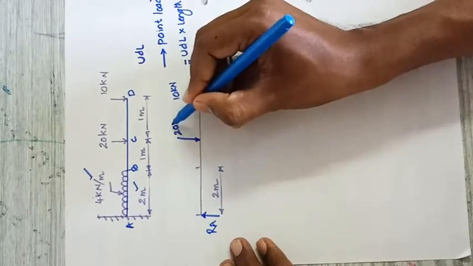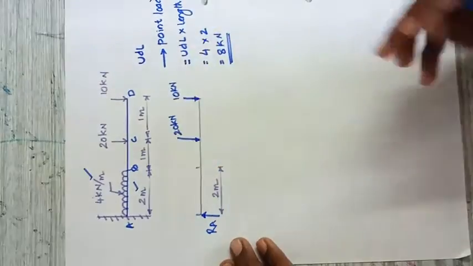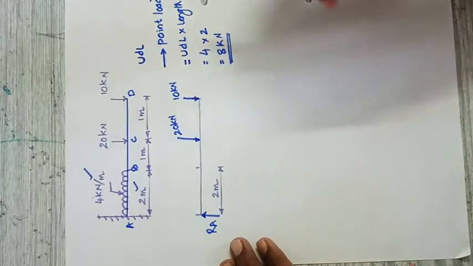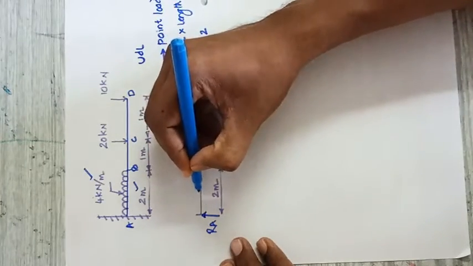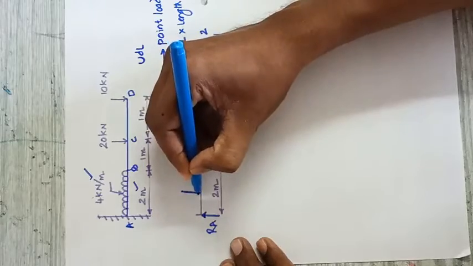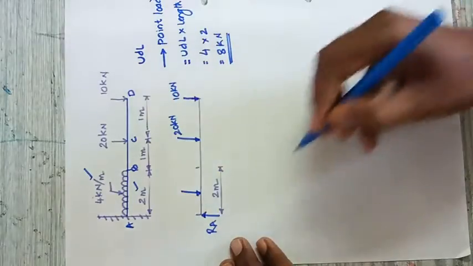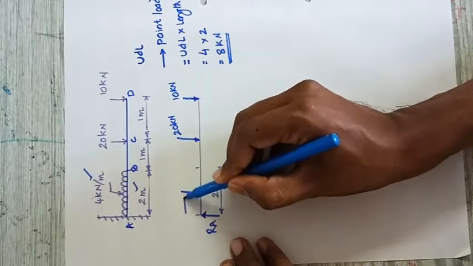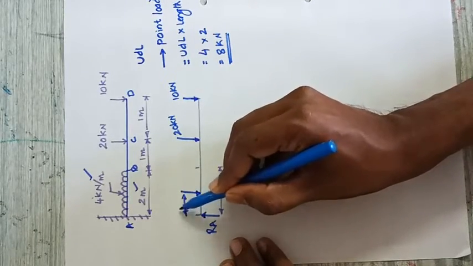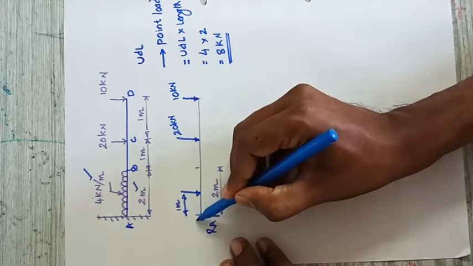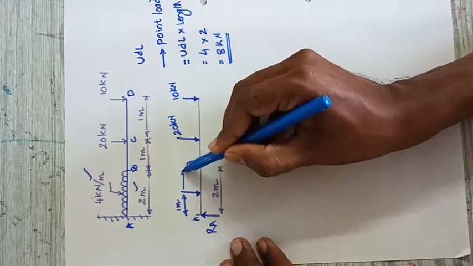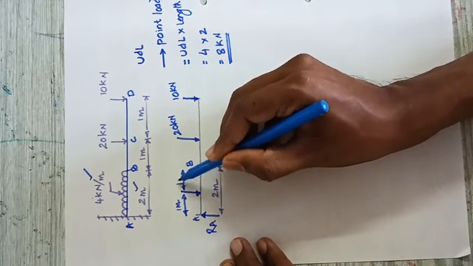When it comes to the UDL, we have a span of 2 meter. The point of application of this point load will be exactly at the middle of this span. 2 meter is there, so you have to consider 1 meter from point A, and from point B it is exactly 1 meter.